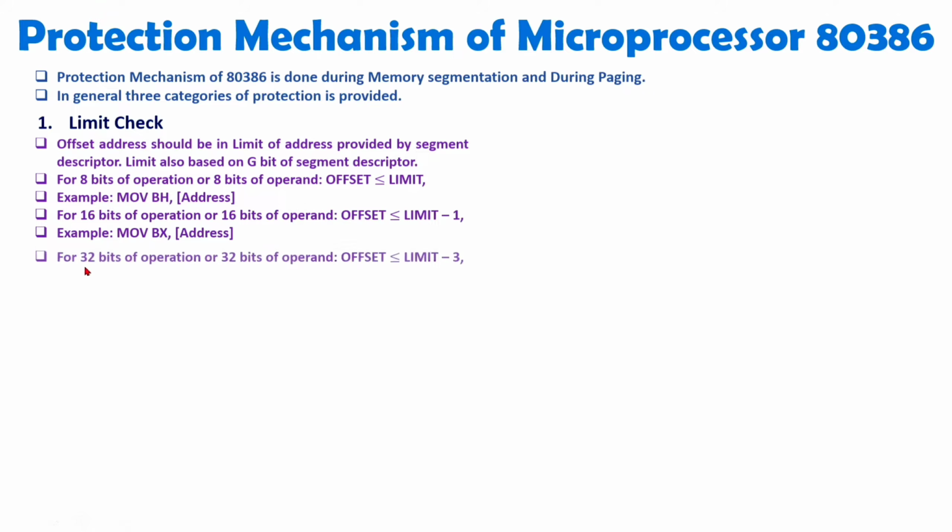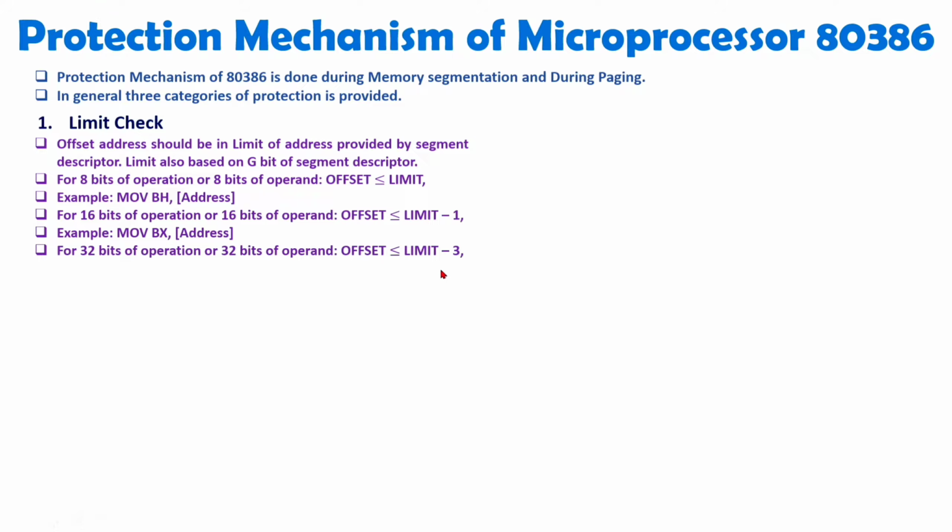And as I have told you, there can be 32-bit operation with 80386. In that case the offset should be lower than or equal to limit minus 3, because at the last offset address there can be 4 bytes for 32-bit operation.